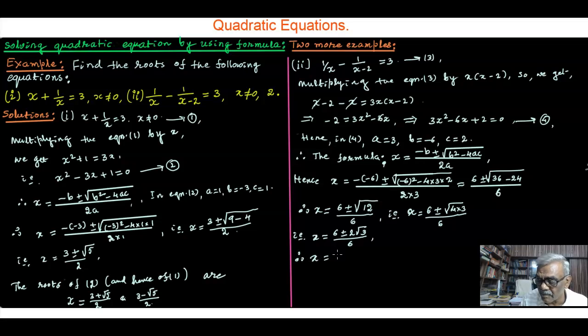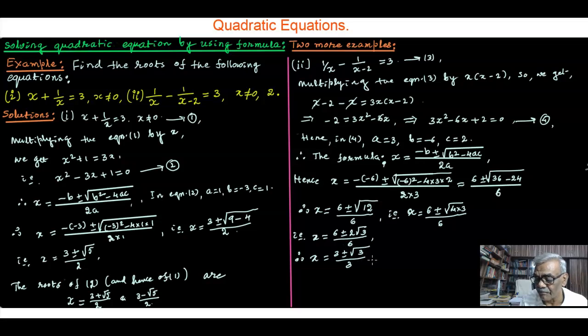and therefore x is equal to 3 plus or minus root 3 by 3, because I am going to take 2 outside and cancel it with the 6.